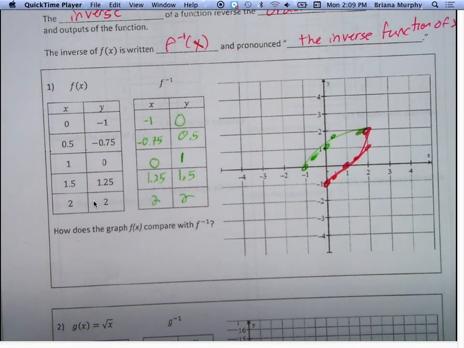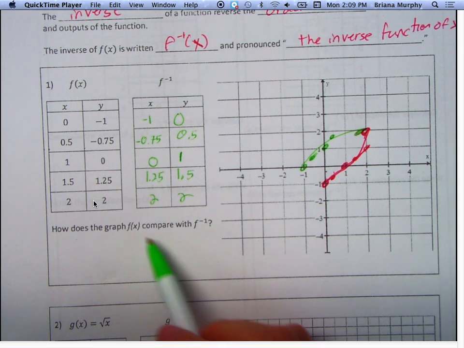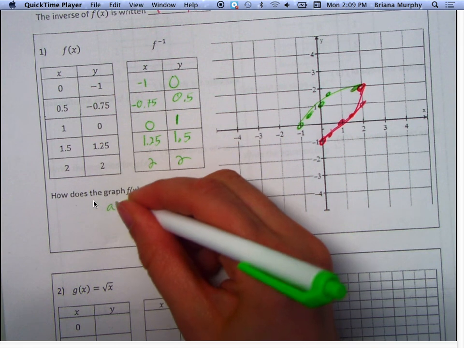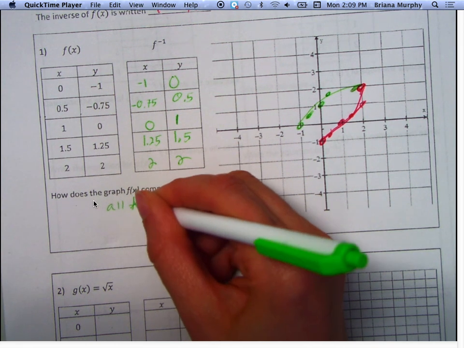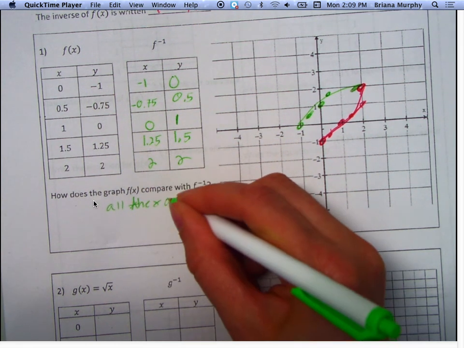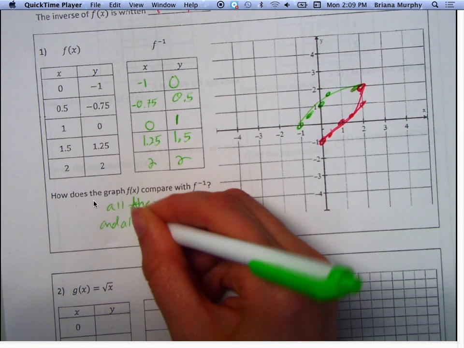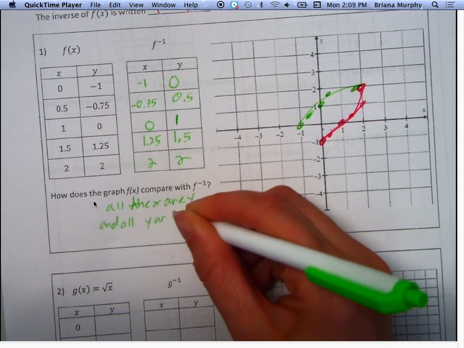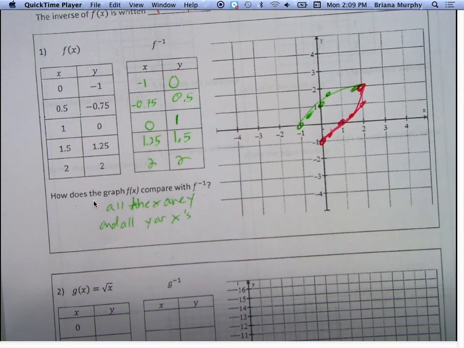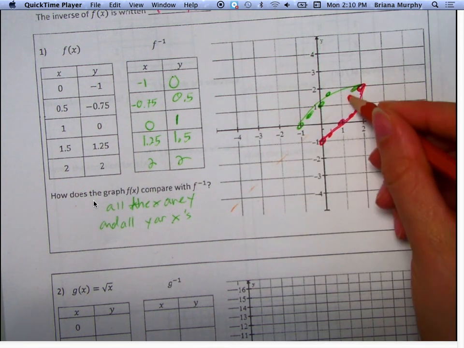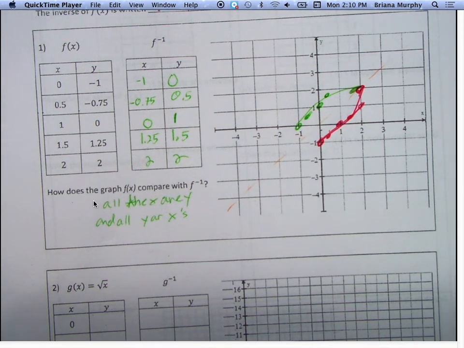Okay? So, how does f of x compare to f of negative 1? All the x's are y's, and all the y's are x's. Okay? We could kind of draw an imaginary line right here, and it flipped our graph on that imaginary line.